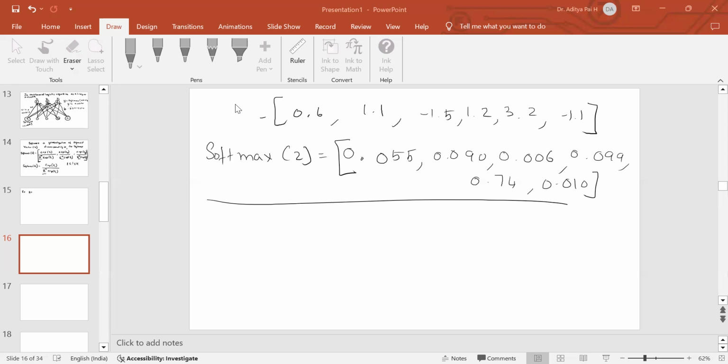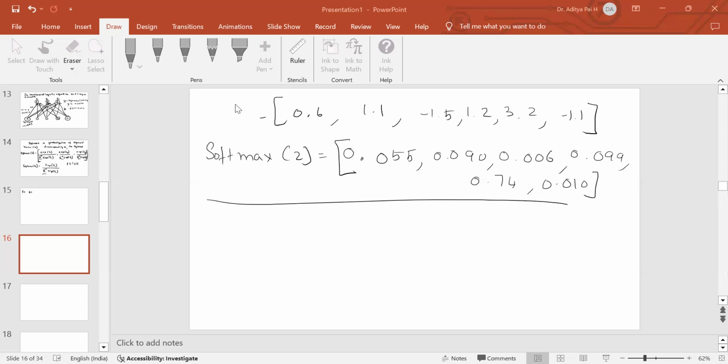Now here H is not a scalar; it is a vector. W is nothing but a matrix. B is also not a scalar as in the previous case, so this also becomes a vector in this case. And this input layer is also a vector. This was already explained in the previous slide.